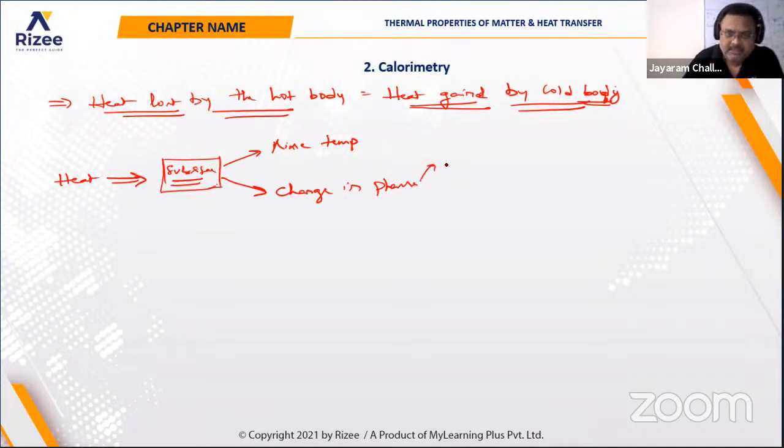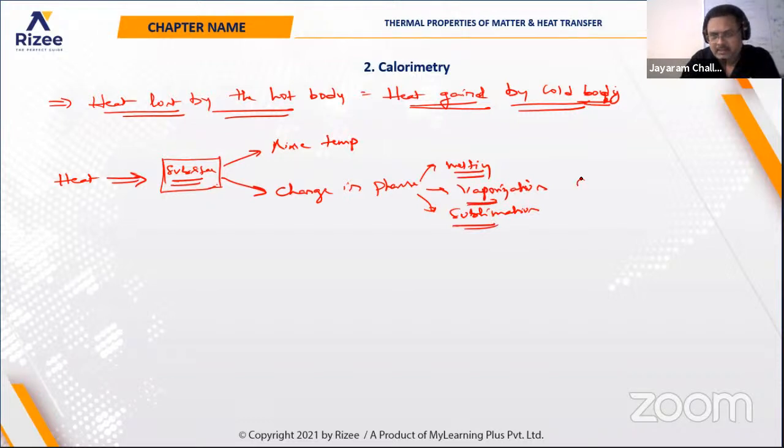Change in phase includes melting, vaporization, and sublimation. When there is a change of phase, heat is written as M into L, where L is called the latent heat.